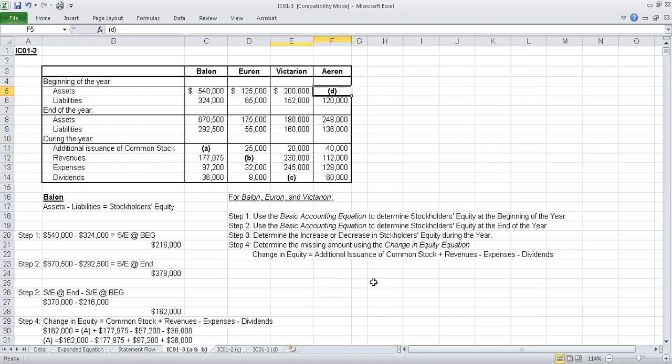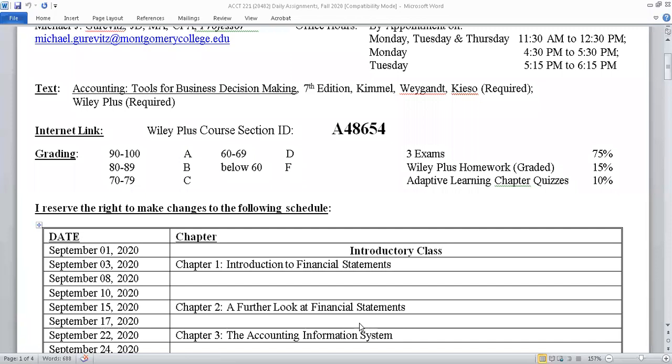So you can work through the remainder of these on your own. The solutions for the in-class exercises, the link in Blackboard will be live today in a few minutes as soon as I get it all posted.